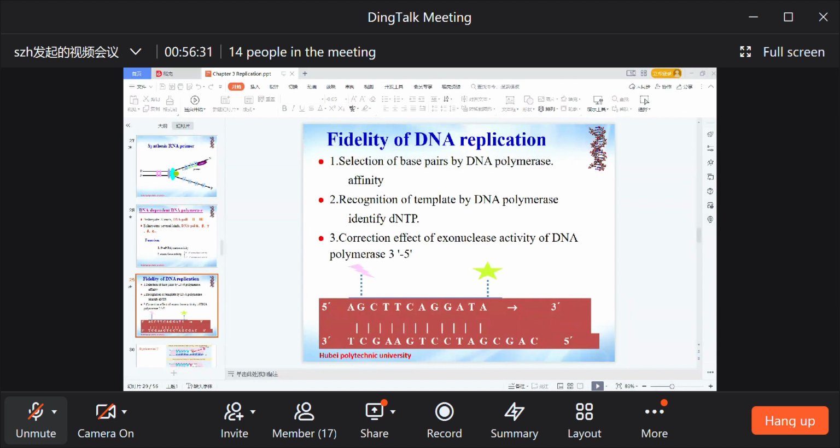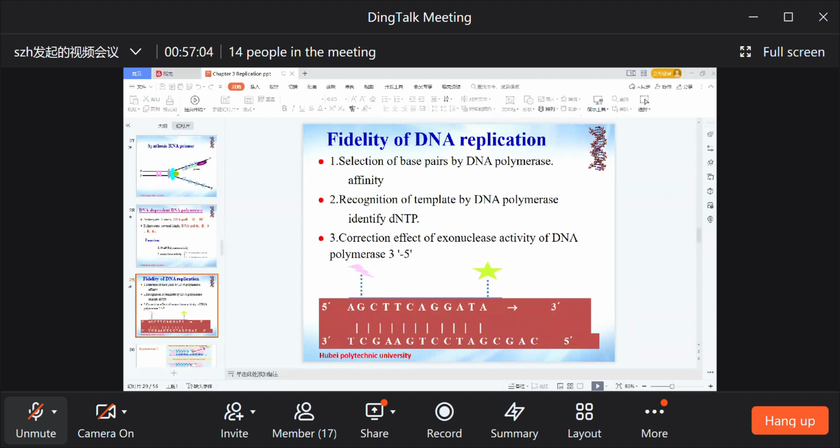The DNA polymerase moves quickly along the DNA template.